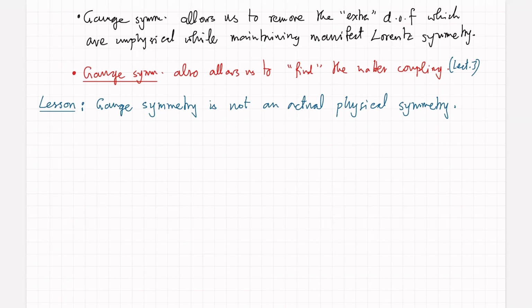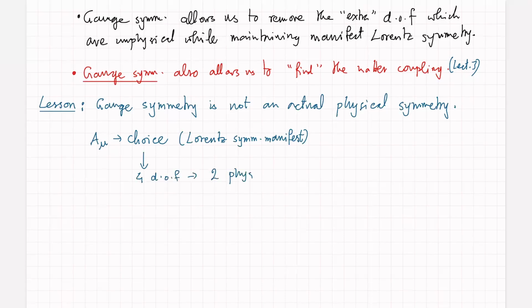We are choosing a description in terms of A_mu. This is our choice, that I want to describe Maxwell's theory in terms of this A_mu. Why do we make this choice? Because this will help us keep Lorentz symmetry manifest. But once we make this choice, this has 4 degrees of freedom, of which 2 are physical and 2 are extra.